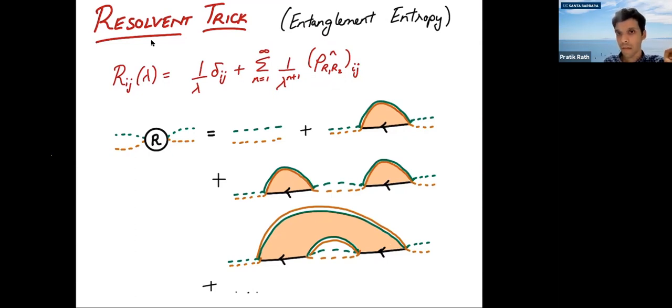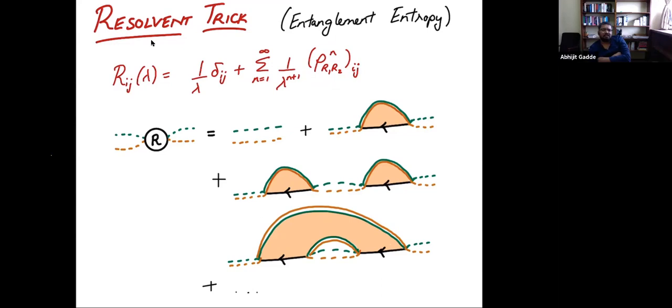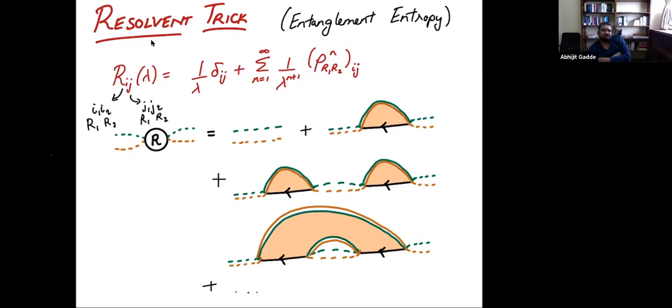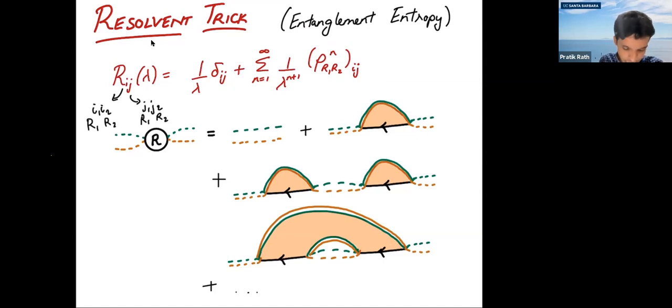Okay. Sorry, Pratik, these I, J are the indices on R1 and R2 respectively, right? Yeah, sorry, that was not clear. So this I is actually I1, I2, and J is J1, J2. So this is on R1, this is on R2, and so on. So delta IJ is really delta I1 J1, delta I2 J2.